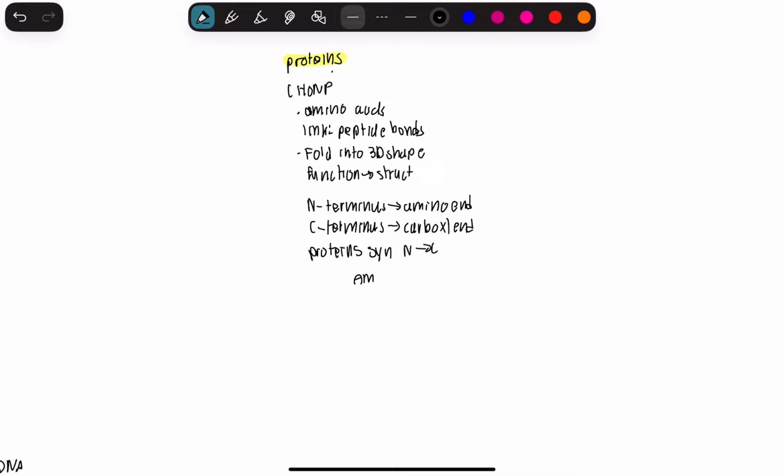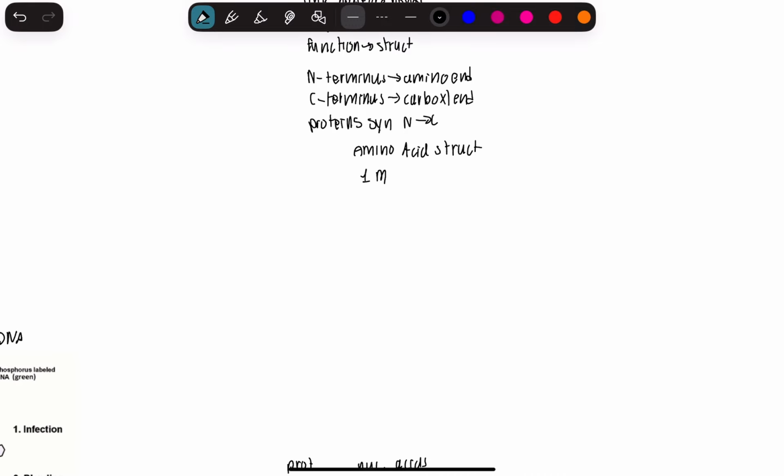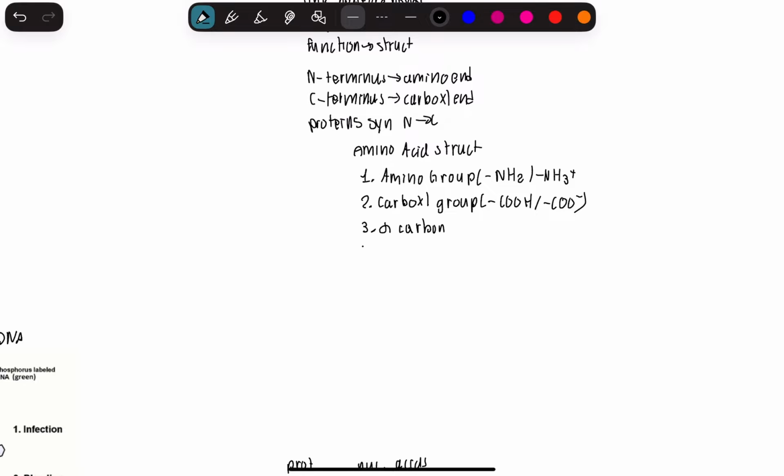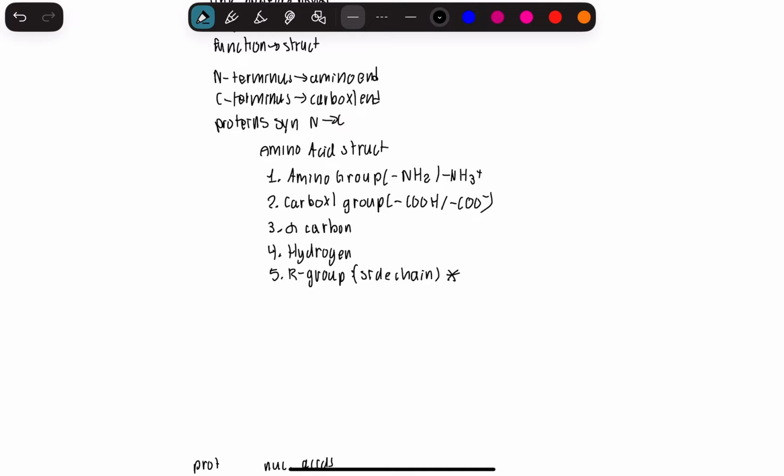So, amino acid structure. Every single one has an R group, and our R group is very important.